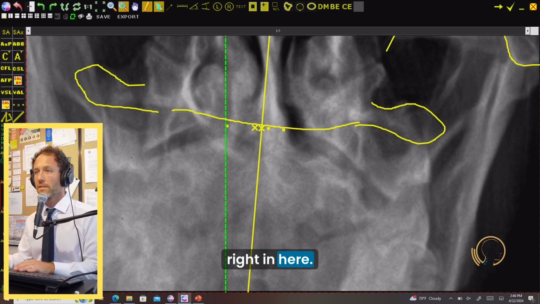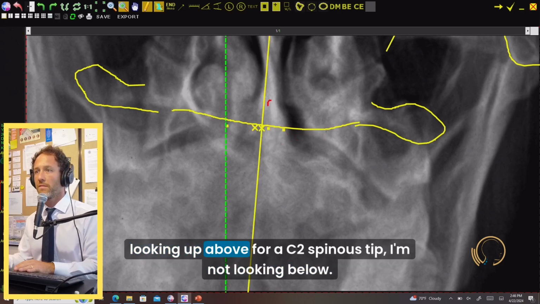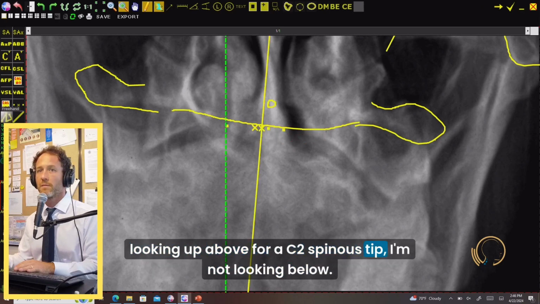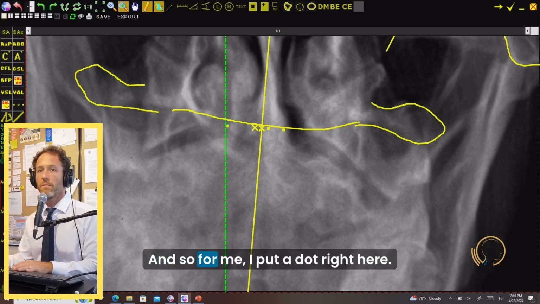I was right in here. So I know right around this little zone in terms of height. I'm not looking up above for a C2 spinous tip, and I'm not looking below. I want to be right around where that posterior arch is. So I put a dot right here.